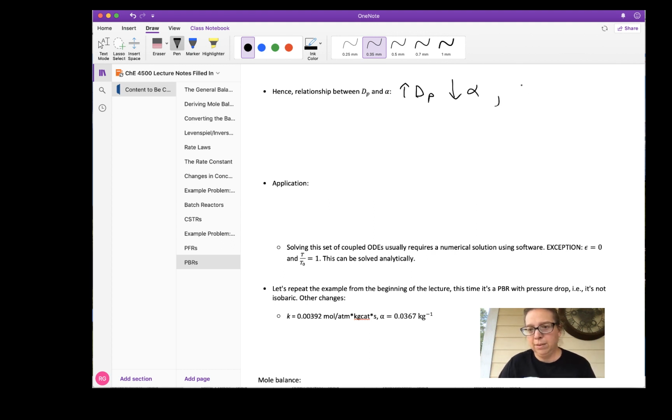By contrast, as dp decreases, alpha increases. So smaller catalyst pellets give rise to larger pressure drop. Let's actually write that down: smaller catalyst pellets, more pressure drop.